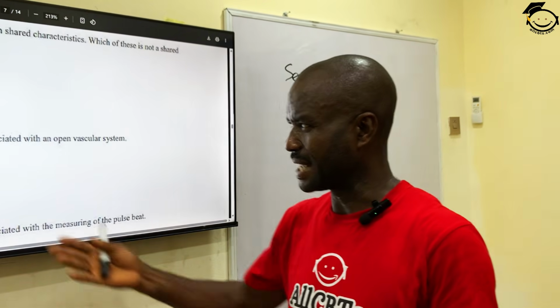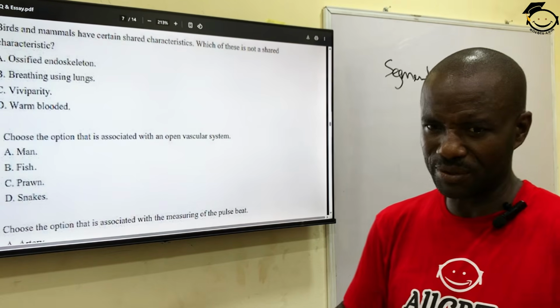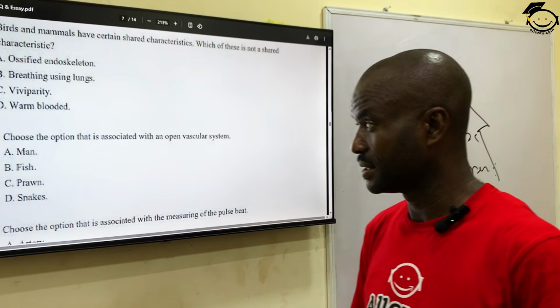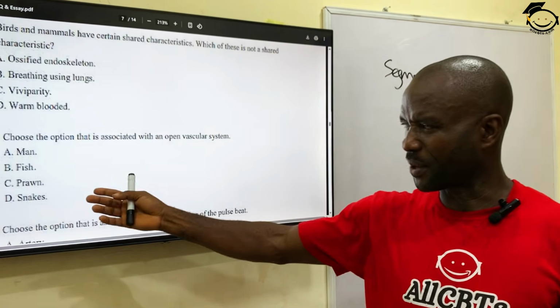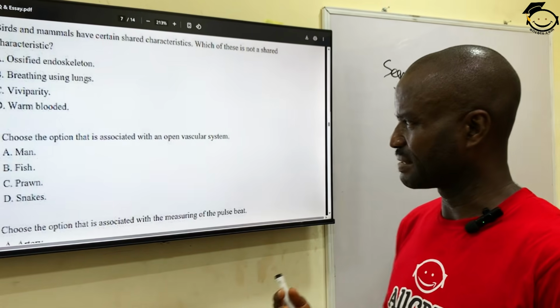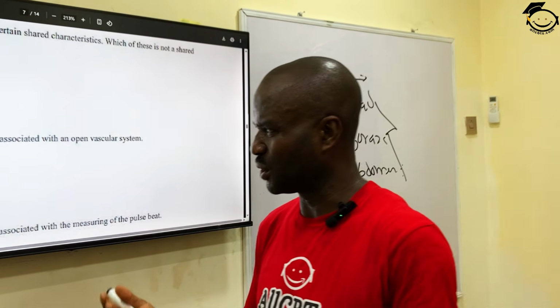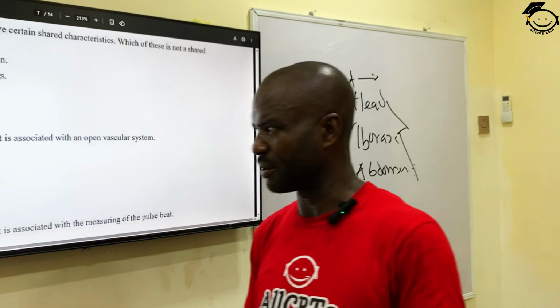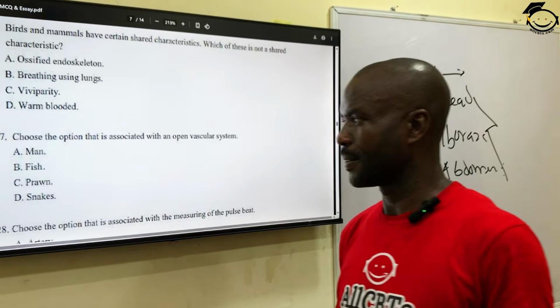As in man, we have internal vascular system, our bloodstream is located inward. Fish, the same thing. Then snake. But for prawn, they have what's called exoskeleton. Their organ for fluid movement is located on the surface. So example is prawn with exoskeleton. The correct answer is C.